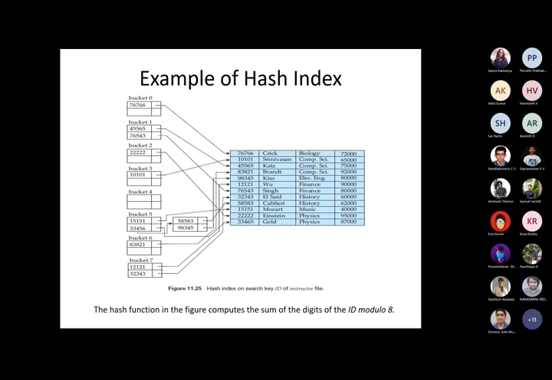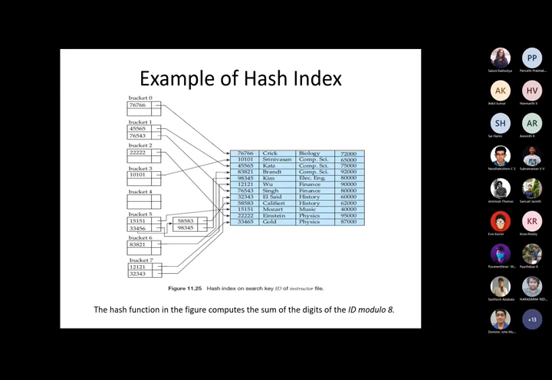So the hash function is going to be ID mod 8, right? The hash function in the figure computes the sum of the digits of the ID mod 8.